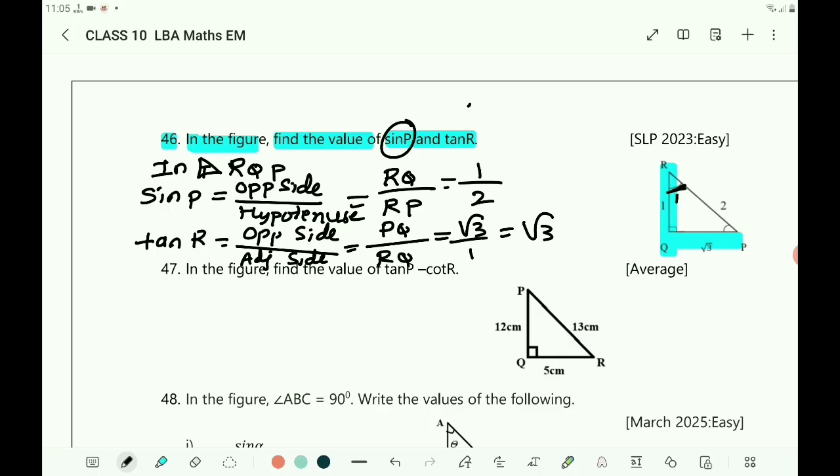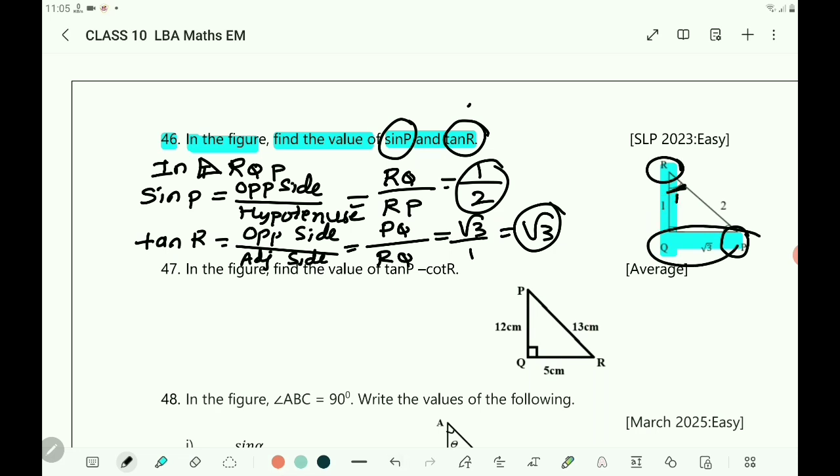So you got sin P equal to 1 by 2 and tan R equal to root 3. For sin P we have to observe the angle P, its opposite side and hypotenuse. For R we have to observe the opposite side PQ and adjacent side RQ, root 3 by 1, which is equal to root 3.